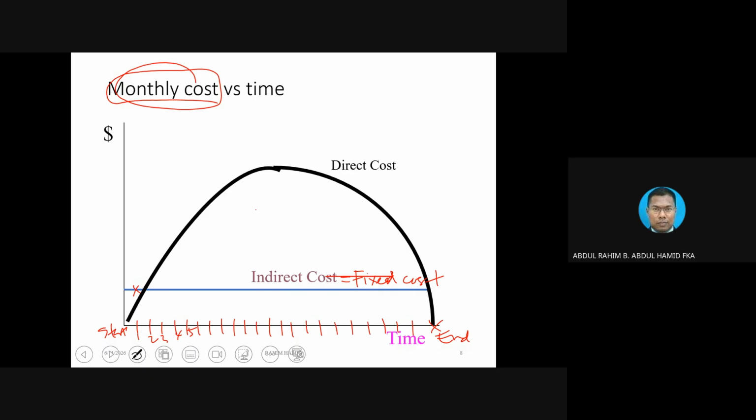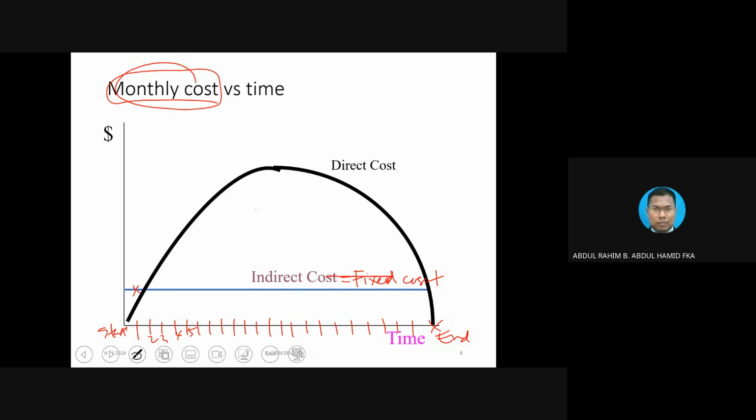Rent is almost the same every month. Food, if you eat the same thing, is almost the same. Transportation too. That's why the other name for indirect cost is fixed cost. That is the assumption, to simplify matters, even though they could be up and down.